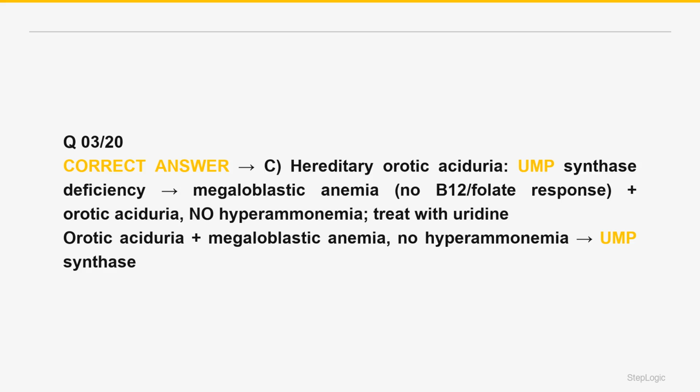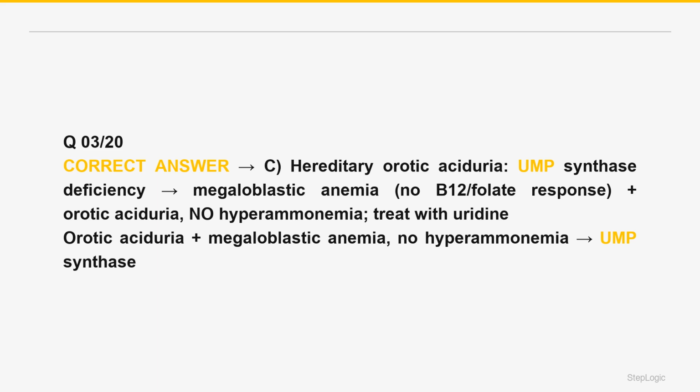The distinguishing feature from a urea cycle defect is the high-yield point. Ornithine transcarbamylase, OTC, deficiency also causes orotic aciduria because excess carbamoyl phosphate from the stalled urea cycle is shunted into the pyrimidine pathway, but OTC deficiency comes with hyperammonemia. The urea cycle can't clear nitrogen.